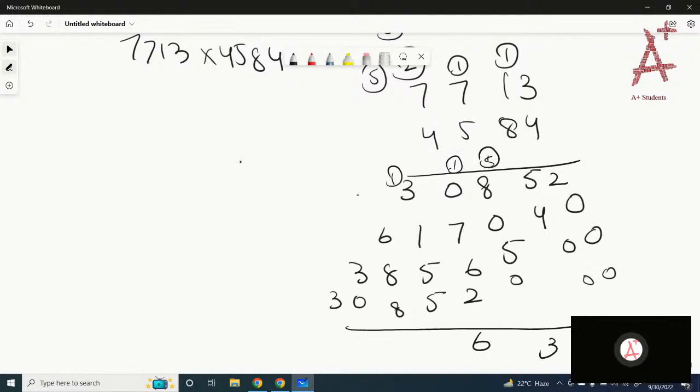So 3 and 1, 4 and 1, 5, 5, 5, 10 and 5, 15, 5 and 1, 8 and 8 is 16, 17, 18, 19, 23. Write 3 and carry 2. So 2 plus 3 is 5, and 3. So the answer is 35356392. That's the last option. So select the correct option and click on the OK button. Got it?